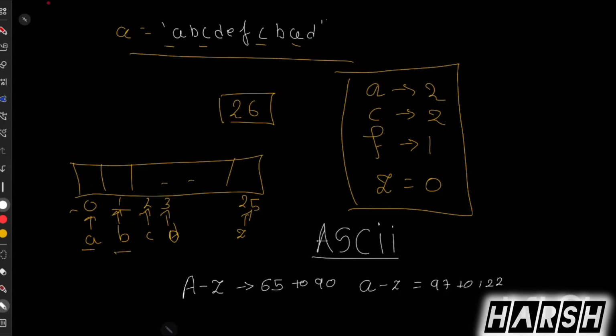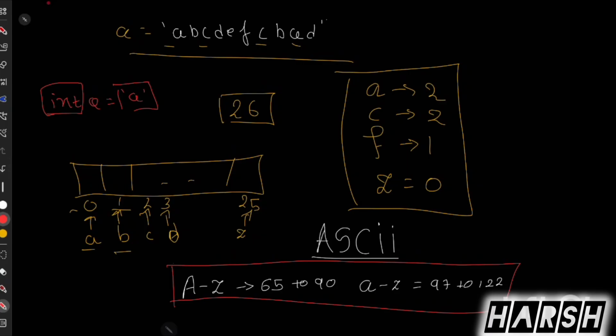What does it mean? If in an integer type variable Q, I store 'a', I give the data type integer and store a character. The compiler follows this ASCII code and interprets character a as 97 in integer type.